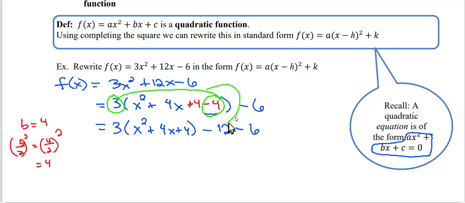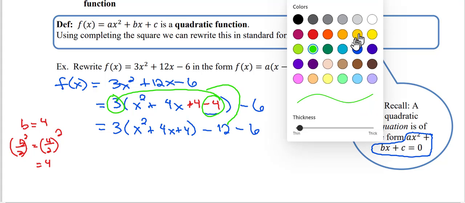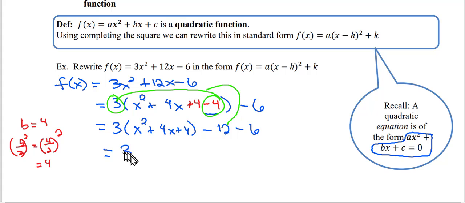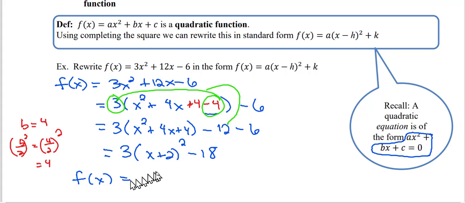That's where we get this minus 12 from. I'm going to factor this x squared plus 4x plus 4. That's our perfect square trinomial. So now we have rewritten f of x as 3 times x plus 2 squared minus 18.